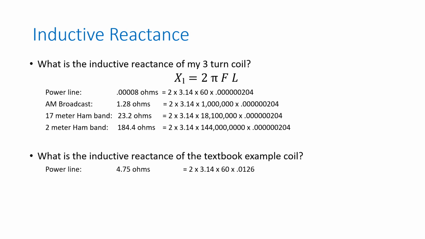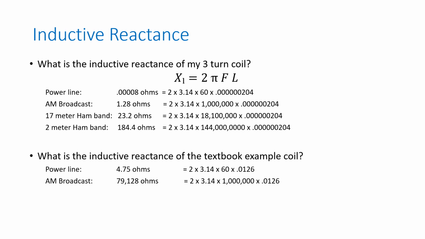In the middle of the AM broadcast band at only 1 megahertz, look at what we have. Why is it so much higher? Well, it's because you didn't increase frequency or inductance over what's up here. You increased them both. They're both higher.